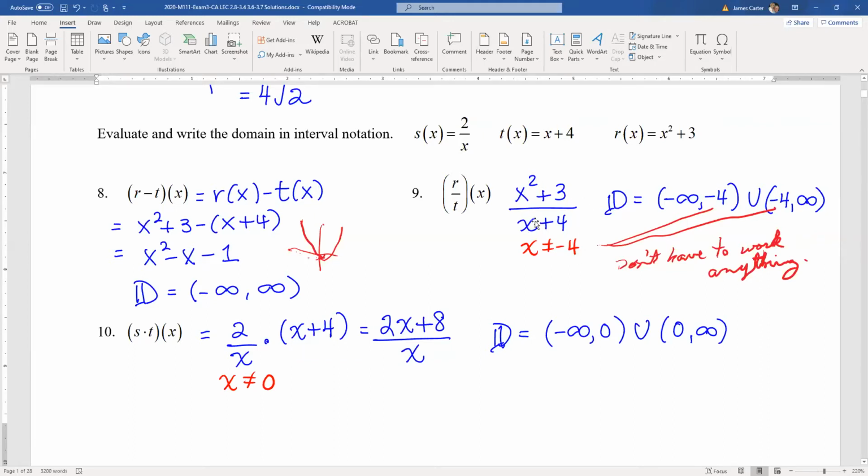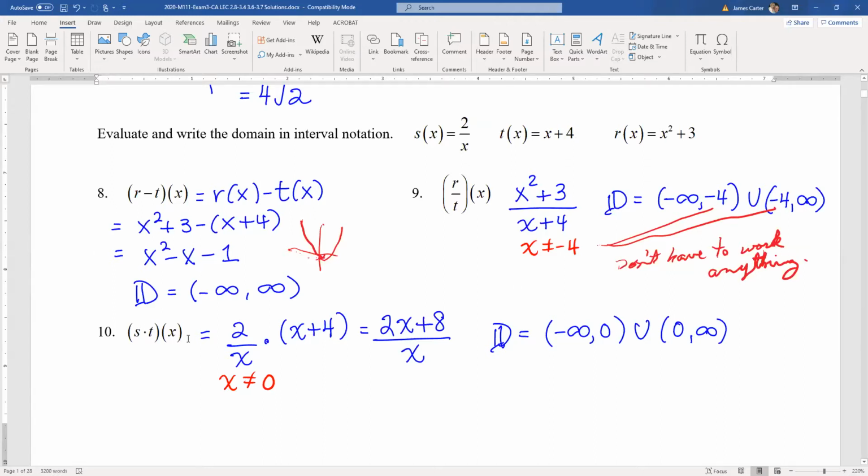Anytime you have a fractional one, for finding the domain, you don't need to be concerned with the numerator. You only need to be concerned with the denominator. Since x cannot be -4, that's an equal sign and not a plus or minus, then that gives us these two disclaimers with a gap. So it won't be inclusive of 4. So I use the parentheses.